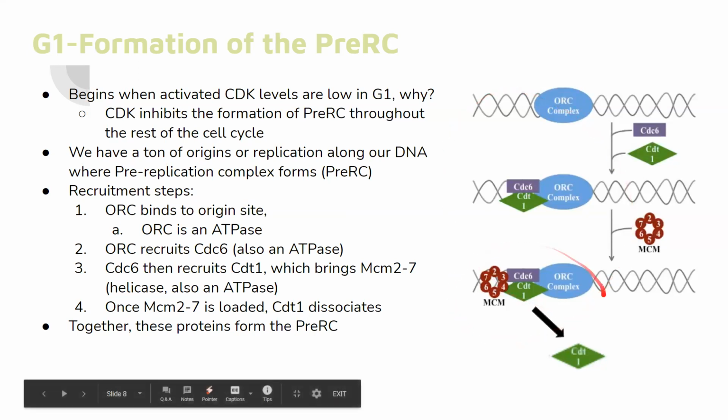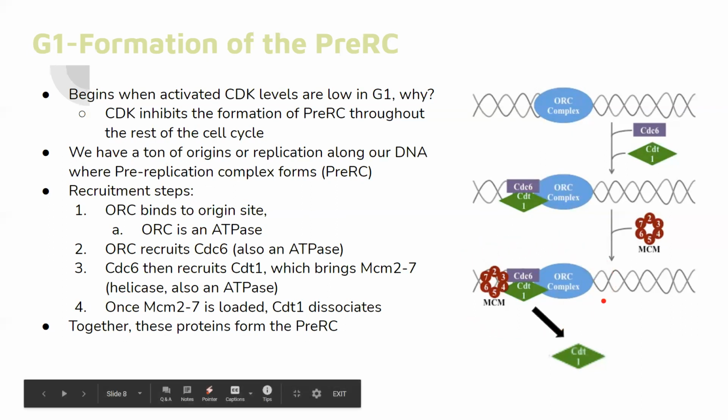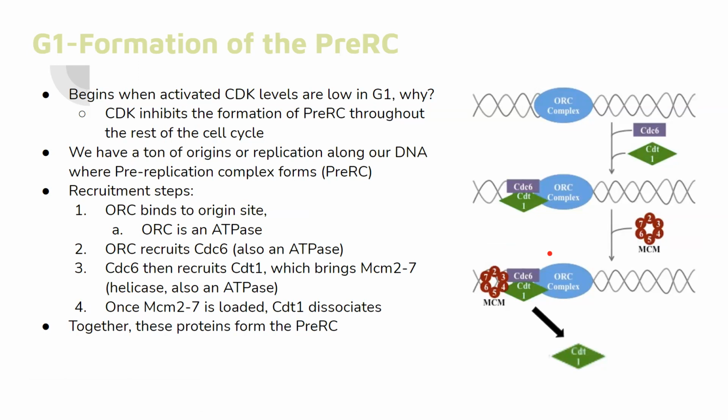This only forms when CDK levels are low, because CDK will inhibit it throughout the rest of the cell cycle, because we only want replication of our DNA to occur once. So this is all set up so that when we go into S phase, we can use this to replicate our DNA. That's why it's called the pre-replication complex. Does anyone have any questions? No?